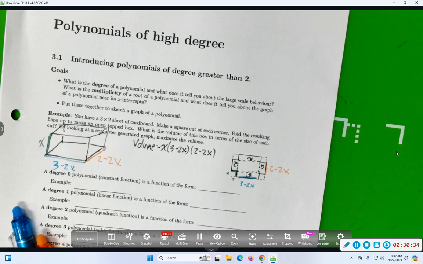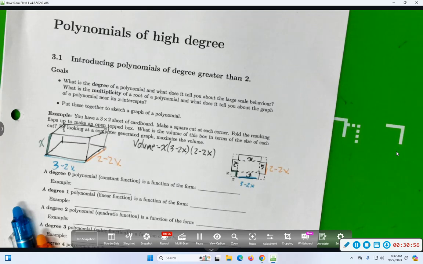And let's suppose you wanted to determine the maximum volume that you could get. What choice of x should you make to maximize volume? We don't have a vertex formula for a degree 3 polynomial. Could we still do something to try to maximize?